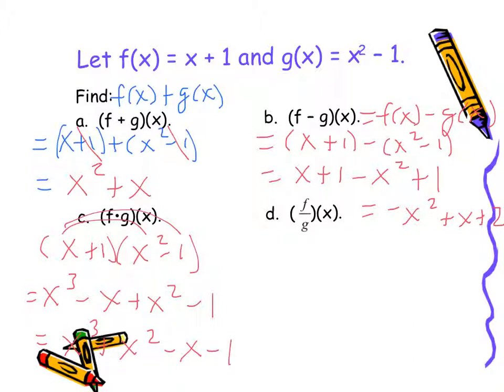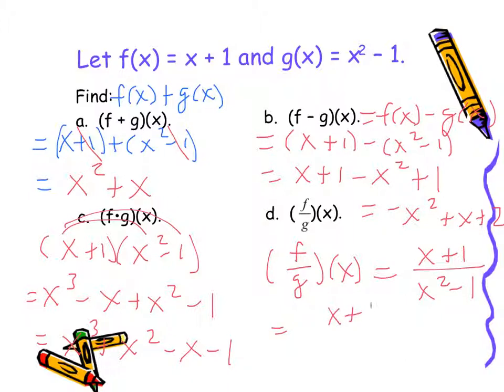Okay? One thing to check if you are doing a ratio of two functions. I'm doing f divided by g here. Oftentimes it's not possible to simplify. Okay? Usually when it is, it involves something like this, where I can take the bottom term, which is a quadratic, and I can factor it.